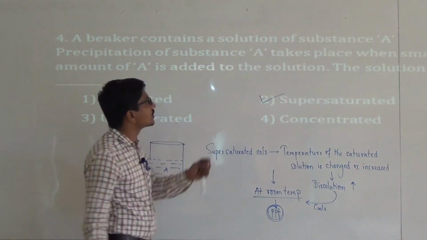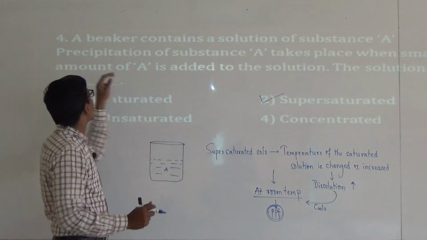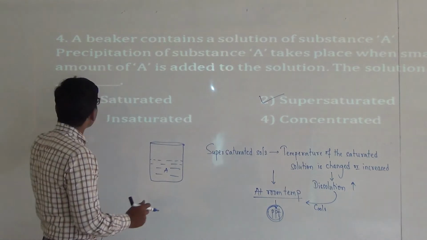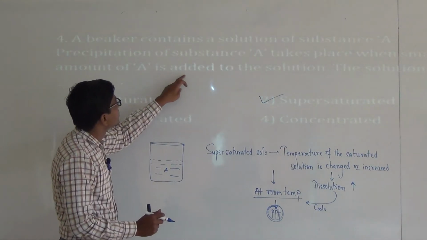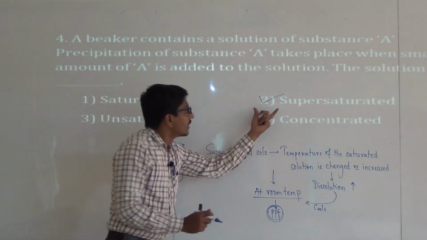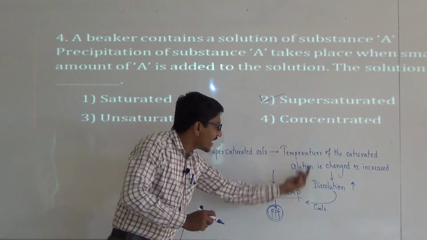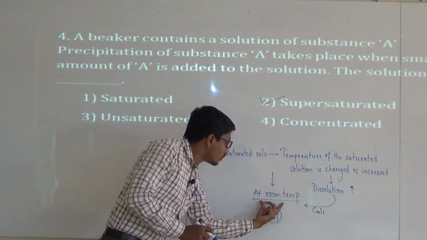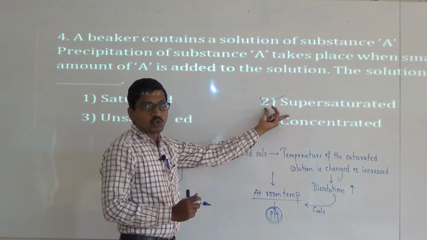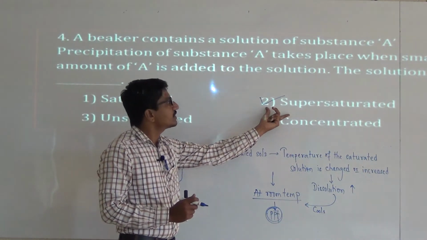The answer for this question is supersaturated, because the precipitation of substance A takes place when a small amount of A is added to the solution and cools at room temperature, it becomes a precipitate. This is the supersaturated solution and the answer for this question is B.